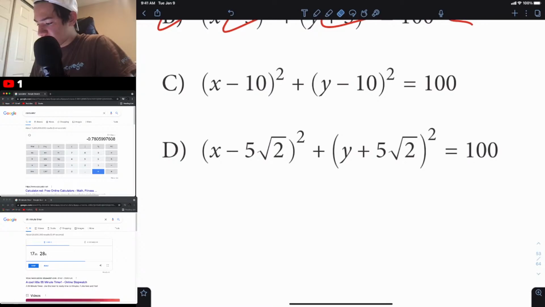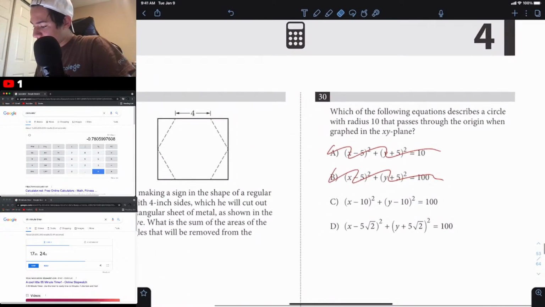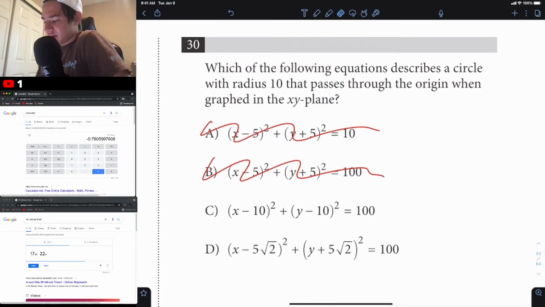So these two both work, or no? With radius 10 that passes through the origin, so okay. Which of the following equations describes a circle with radius 10 that passes through the origin when graphed in the xy plane?